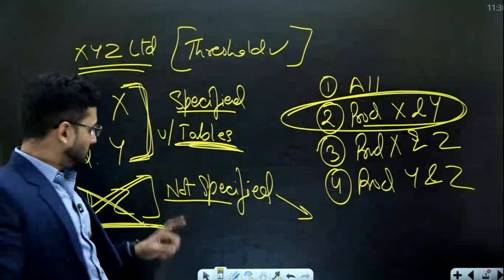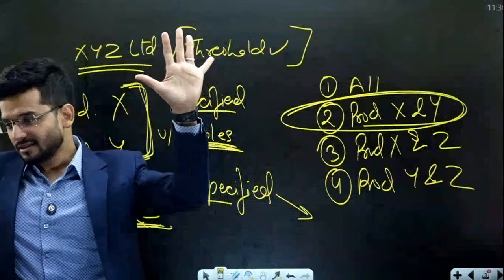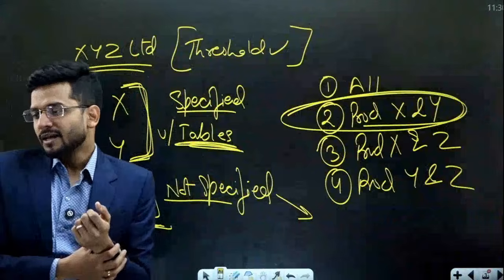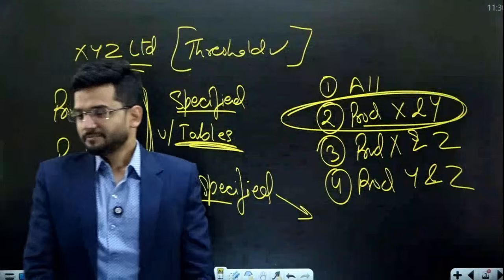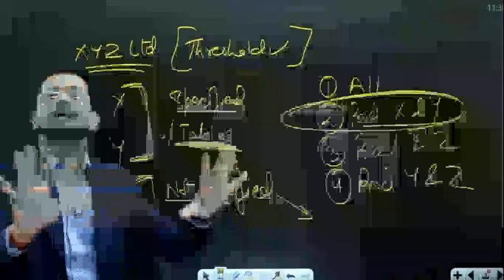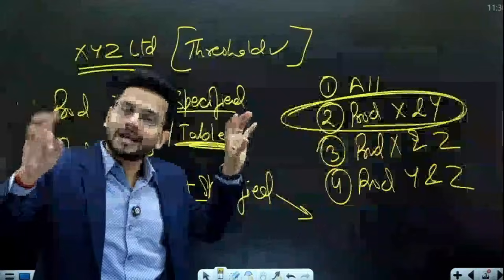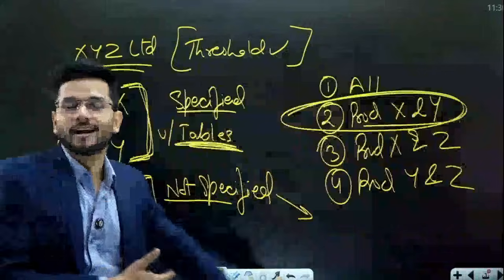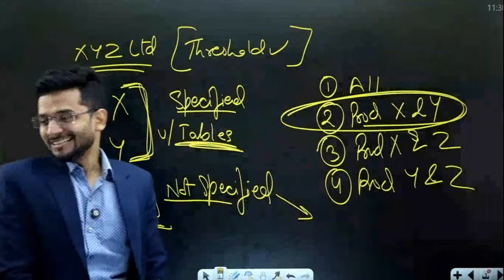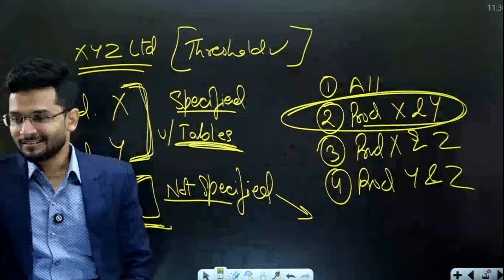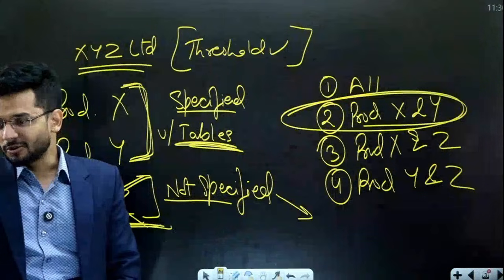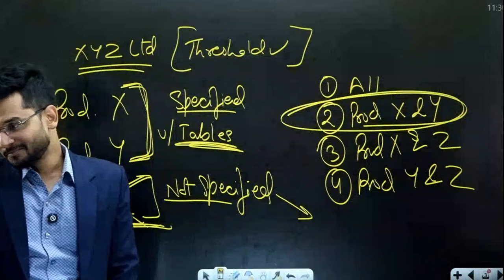Whether cost audit is possible for product Z or not, assuming threshold limit is met, you tell me in the chat box. I have not made you understand rule 4 as of now, but I want your answer regarding cost audit right now. You need to tell me whether cost audit is possible for product Z or not.